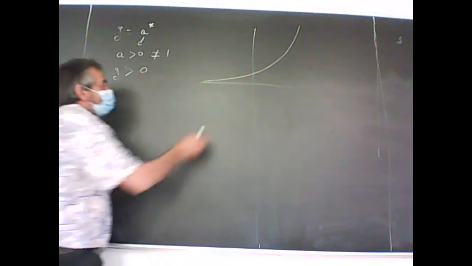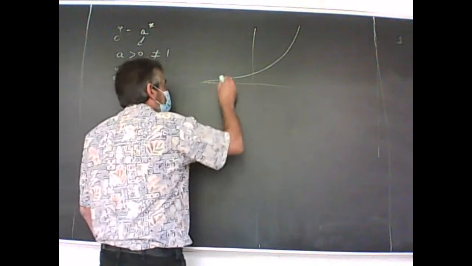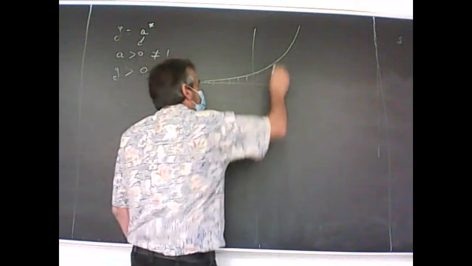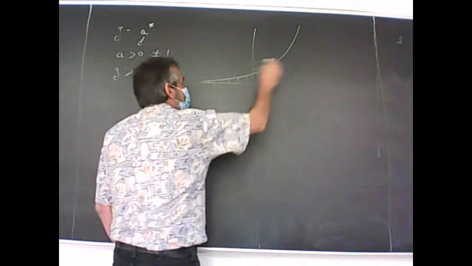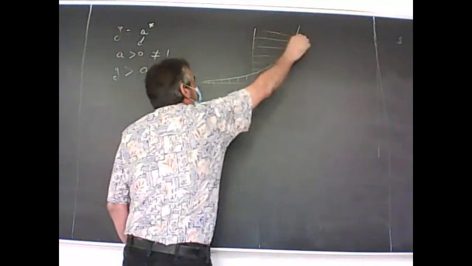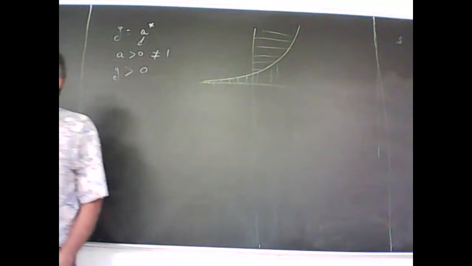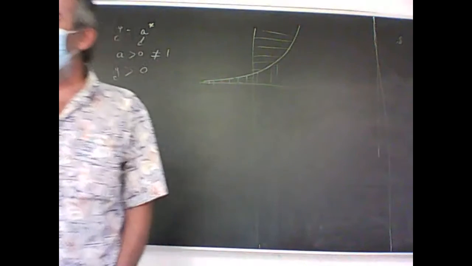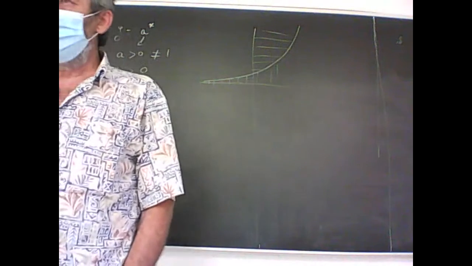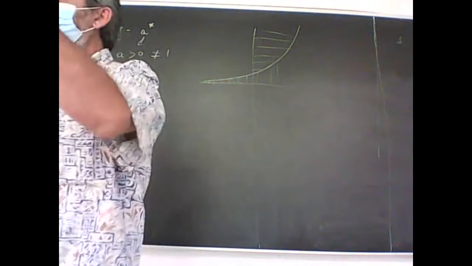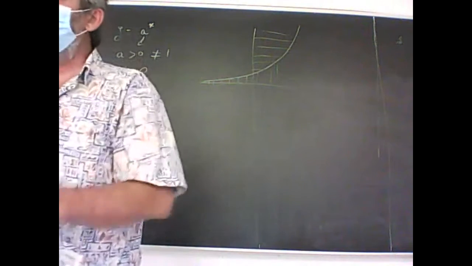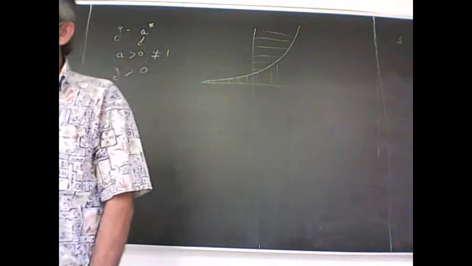If I take all the y values and all the x values, every line, whether horizontal or vertical, will cross the graph in only one point. So every y value has only one x value. Every x value has only one y value.